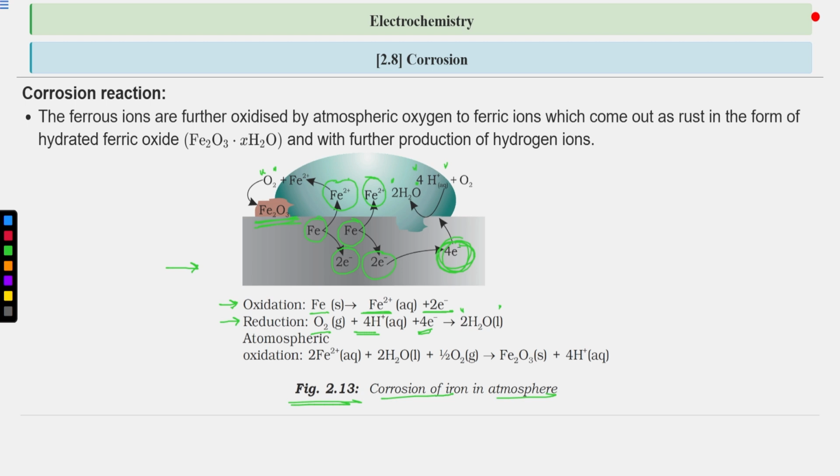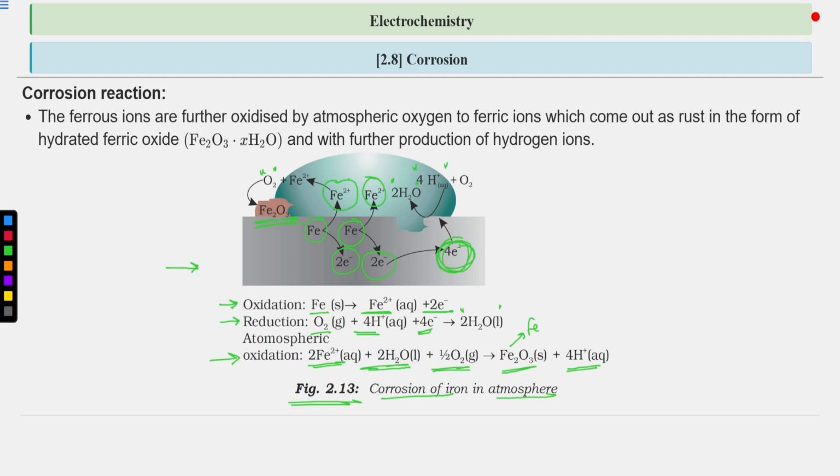And the atmospheric oxidation, which is the overall reaction, is 2Fe2+ plus 2H2O plus half of O2, which gives us ferrous oxide, that means the metal oxide, metal here is iron, plus 4 protons. So these are the 4 protons which we added as moisture from the atmosphere, and we are getting them back in the final process.